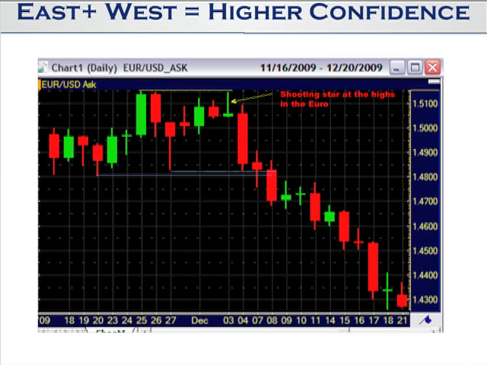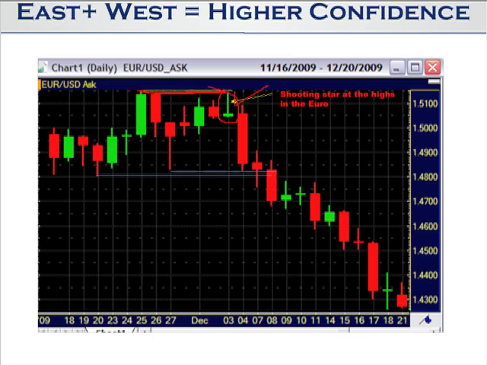So, for example, nothing more basic than resistance. Late last year, and we're back up here now again in the euro, you see this resistance area I'm drawing in red. That would be resistance on a bar chart, right? Whatever you do on a bar chart, you do on a candlestick chart, and the shooting star is confirming the resistance area, and this is what I mean by a combination of candles and Western indicators.